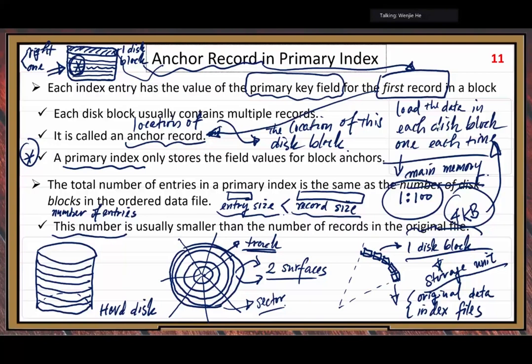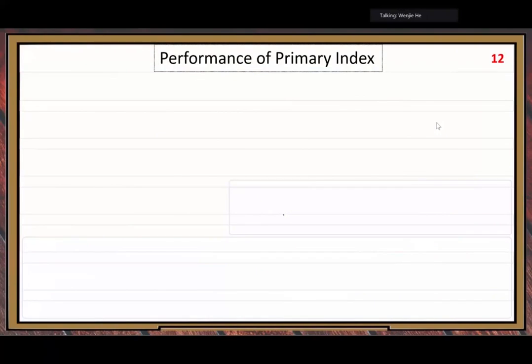Now you apply binary search on a much smaller primary index file, and you use fewer comparisons. That's the improvement, a good improvement here. So here we cover pretty much the basic things of the primary index. Performance of the primary index.